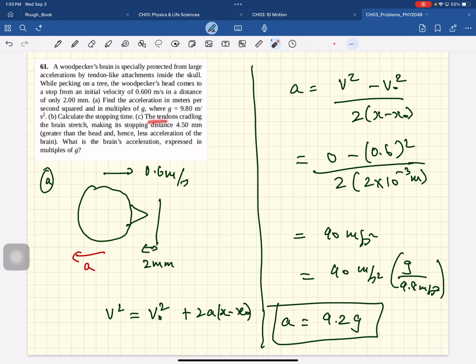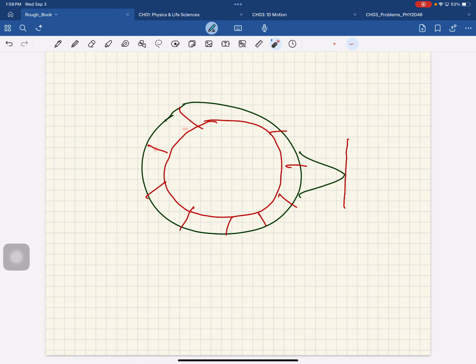Now, the tendons cradling the brain, like I said. These are sort of the airbags for the woodpecker.